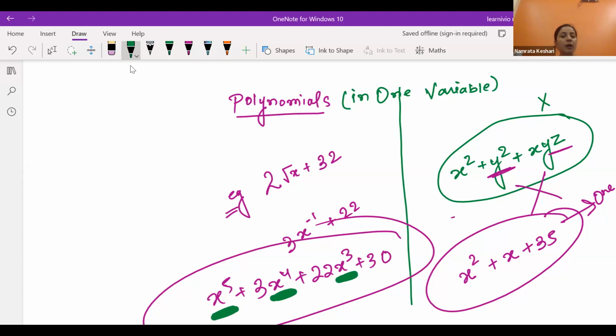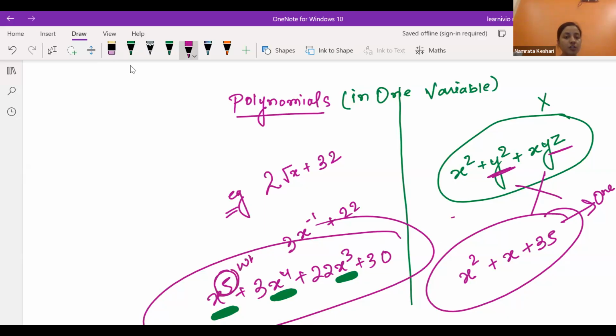We are not checking the power of any number, the number which is multiplied in front, or this 30, this 30. We are just checking the power of the variable, that means x, x, x, x. Here each and every variable power has to be a whole number.